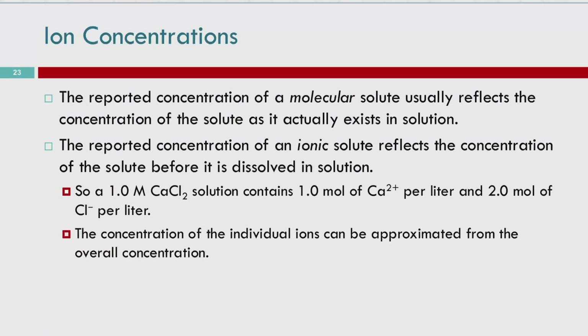Okay, ion concentrations. If we're making a solution and it's got an ionic component in it, we typically report the concentration of a molecular solute as it actually exists in solution. So whatever the concentration is, that's also the concentration of the molecule in solution, like sucrose.